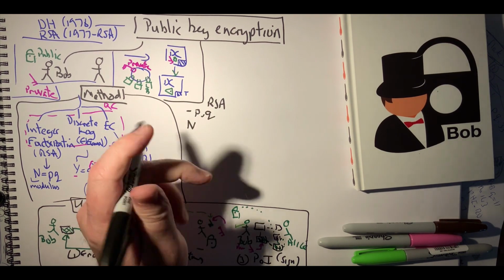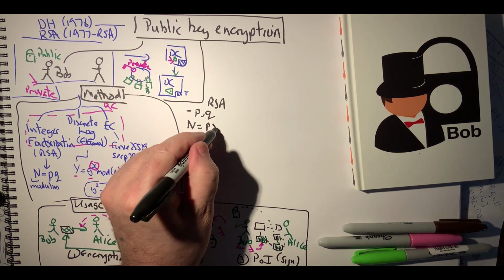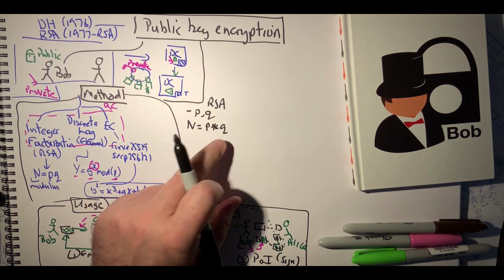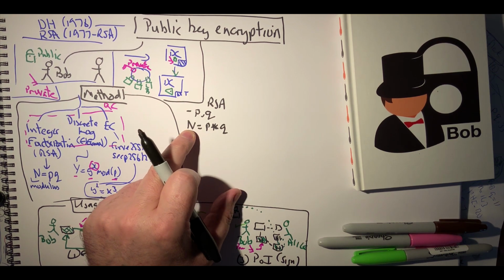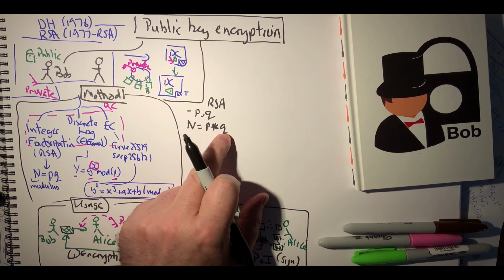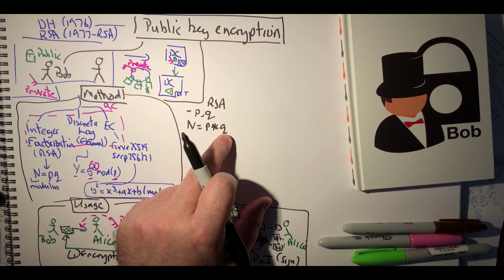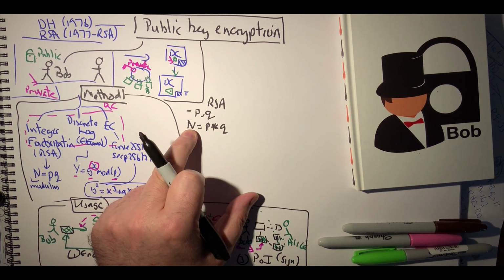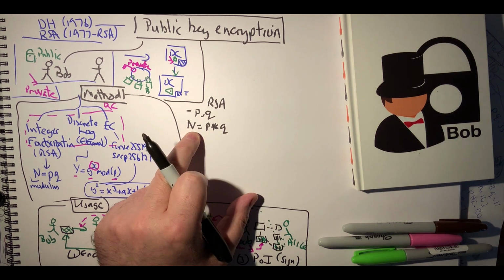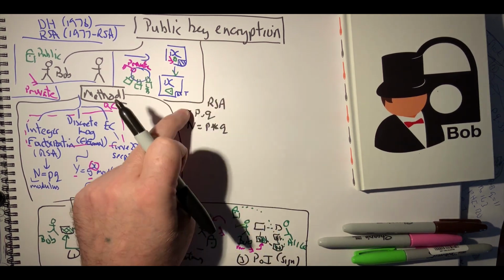And we typically define this modulus as n, which is P times Q. The difficulty is that for this modulus, it's difficult to find P and Q if P and Q are large. Typically, there would be 1000-bit prime numbers, and this would be a 2000-bit modulus. We would define that as 2K RSA.